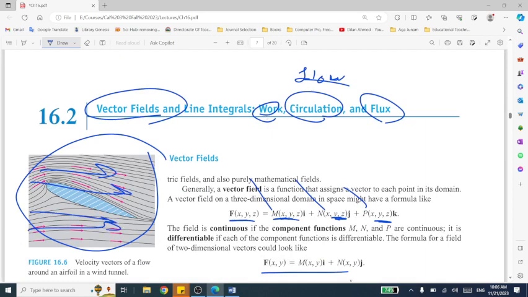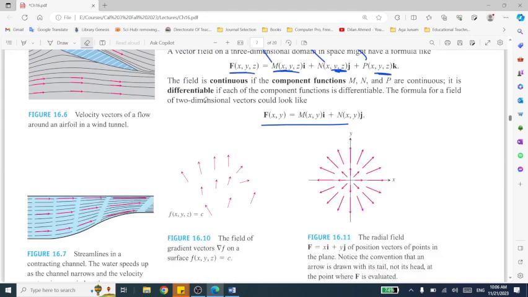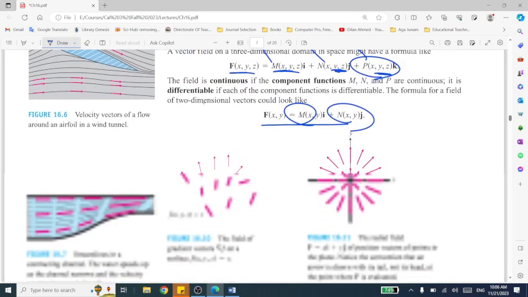Some of them have reflection, some symmetry, some just a little bit. So we have M and N, or P if we have 3 dimensions.